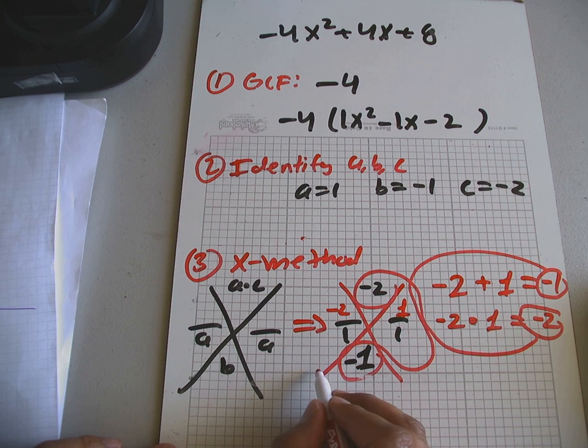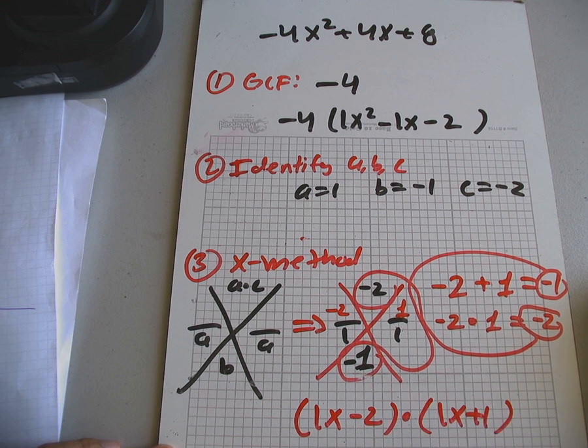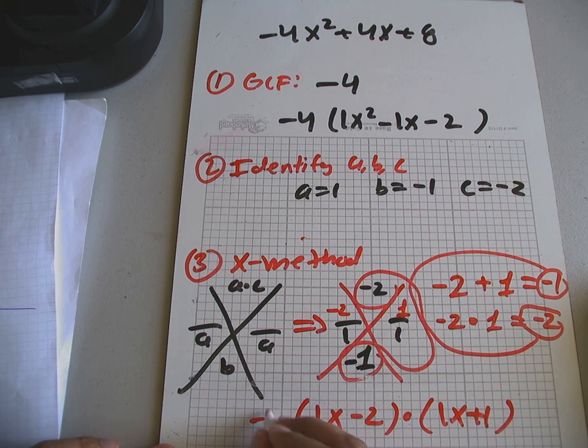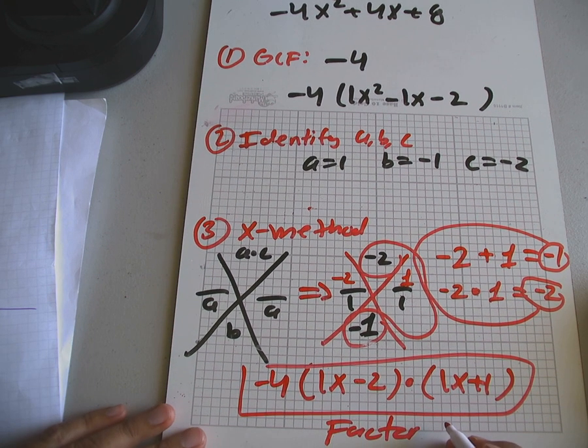So my answer is going to be 1x minus 2 times 1x plus 1. Remember that these fractions cannot be simplified, so that's why they stayed the same. We didn't simplify those fractions. And the GCF is -4. So there you go. This is my factor form.